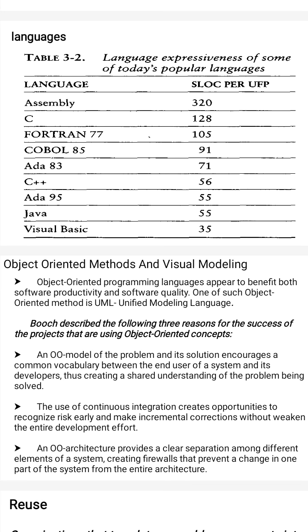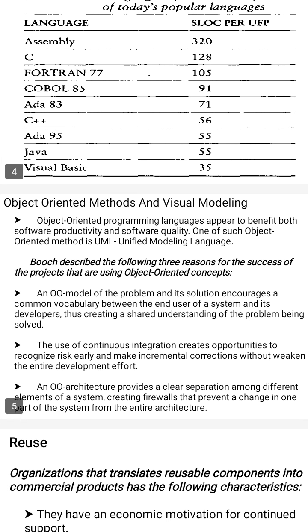Second, we go for the object oriented methods and visual modeling. Object oriented programming languages improve software productivity and the quality of the product. Once UML, unified modeling language, entered the market, the quality of our projects improved.